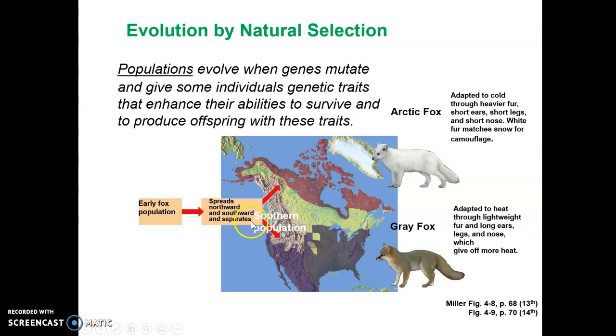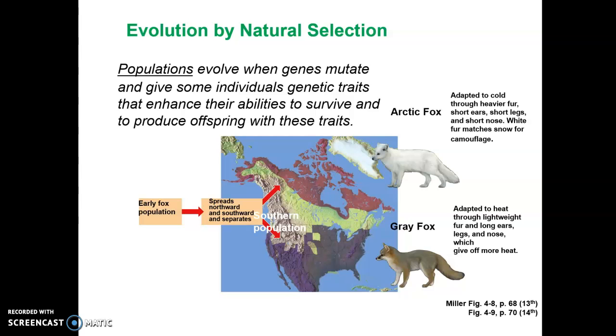And likewise, those that moved southward, where it was warmer and where darker colors would provide a better camouflage, are the foxes that were able to survive and reproduce and therefore pass down those traits. And eventually, after many generations, we ended up with two types of foxes, the Arctic fox and the gray fox, which are in fact two distinct species at this point in time.